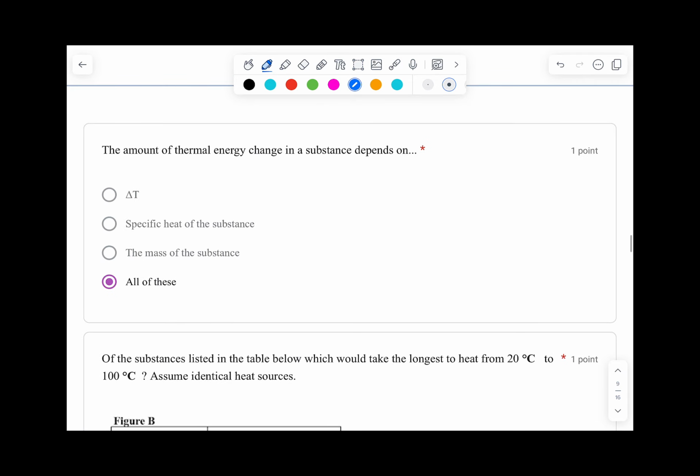All right, next question. The amount of thermal energy change in a substance depends on what? Well, this question is asking about this equation right here. Q, which is another way of saying energy, equals the mass of a substance. Look, the mass of a substance, that checks.